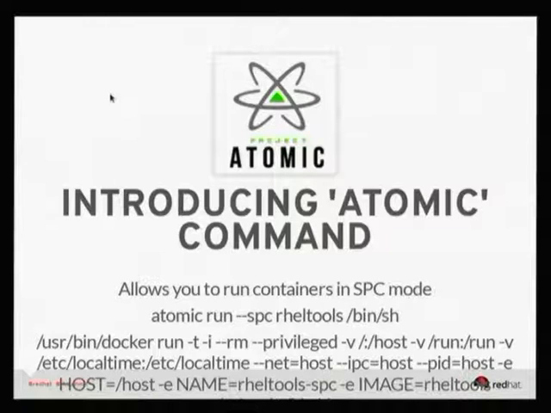We're just being a little nice to you, making it easy. All of this is a Python wrapper around the Docker command set. It's actually using docker-py, but it allows you to instantaneously get a super privileged container, and if you run it in SPC mode, it'll save you typing all that data.